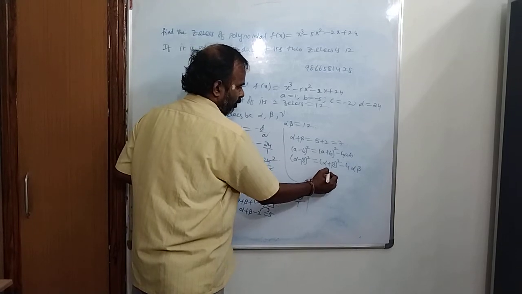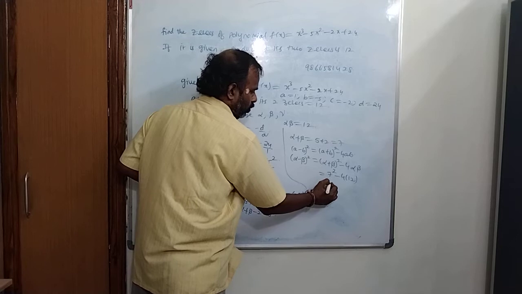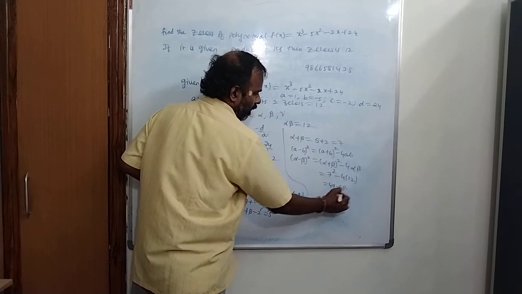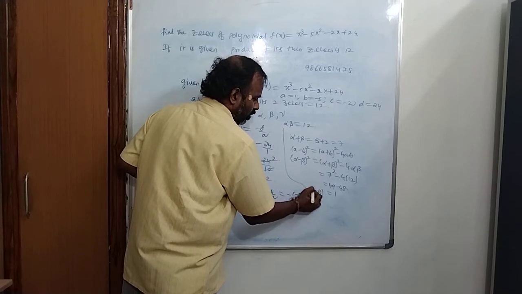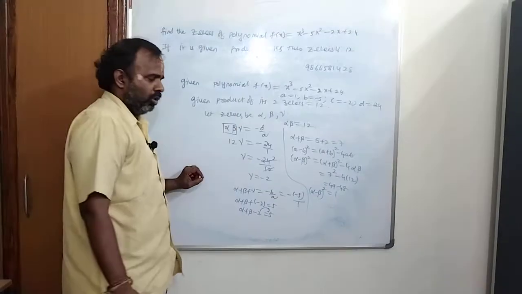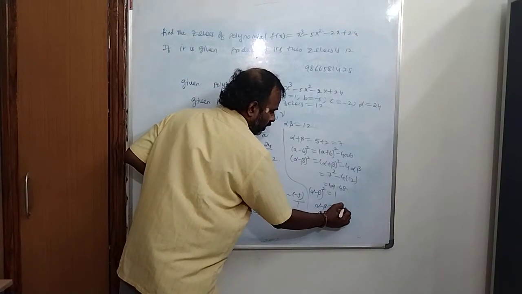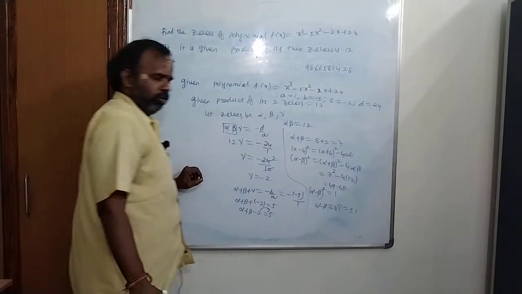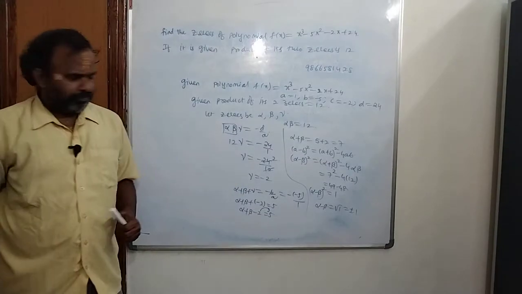So alpha plus beta is 7 square minus 4 into 12. 49 minus 48 which is 1, and this is (alpha minus beta) whole square. So alpha minus beta is equals to under root of 1 which is plus or minus 1.